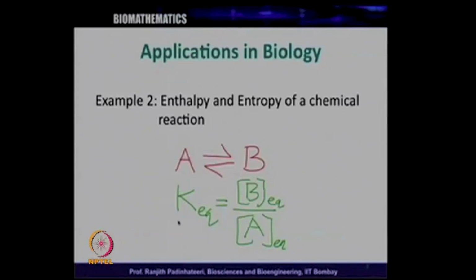Another thing we know from thermodynamics is delta G. The delta G of a chemical reaction is the change in free energy for the chemical reaction.